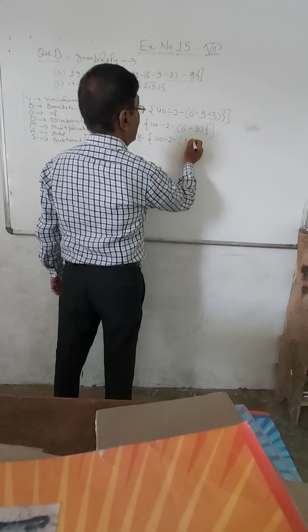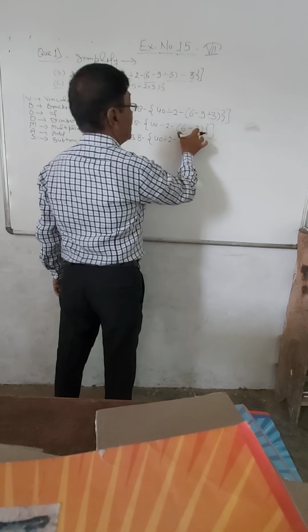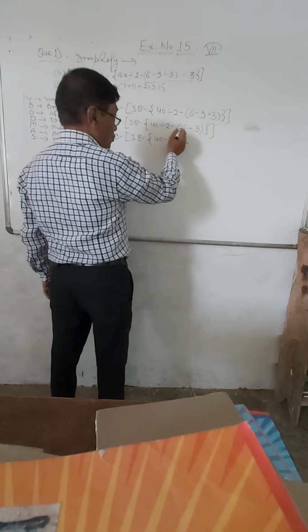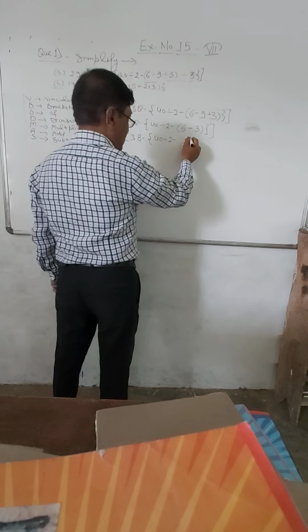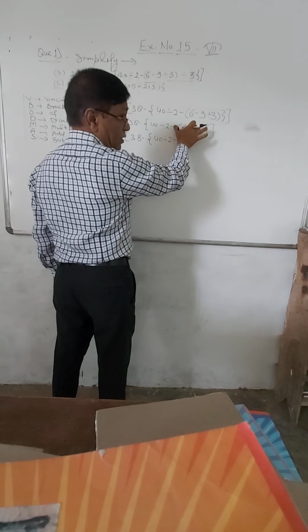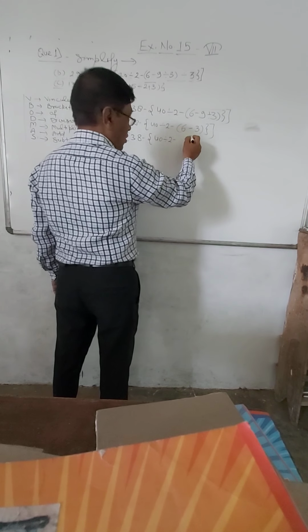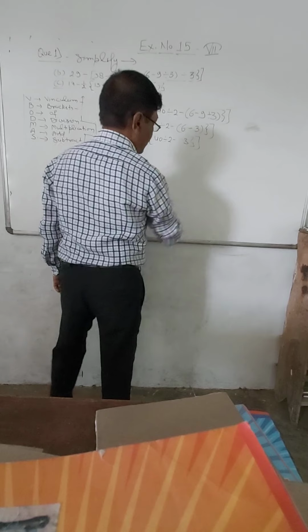It is coming 3. So if you solve this one, you can remove this bracket. So 6 minus 3 is 3. When you open this one, 2 minus 3. Now this is already solved, so the small bracket is solved. Now again we will move further.